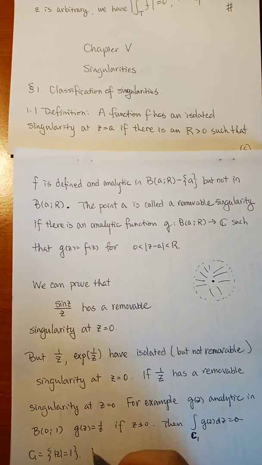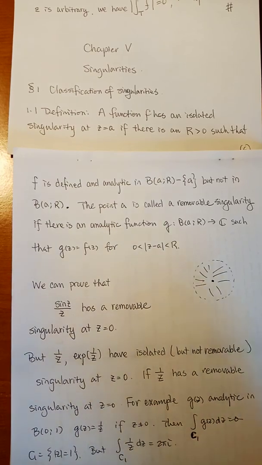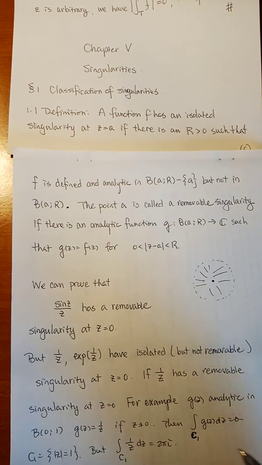But using a counterclockwise orientation, this is equal to 2 pi. That's impossible. By the winding number, you will see it's impossible to have a removable singularity.